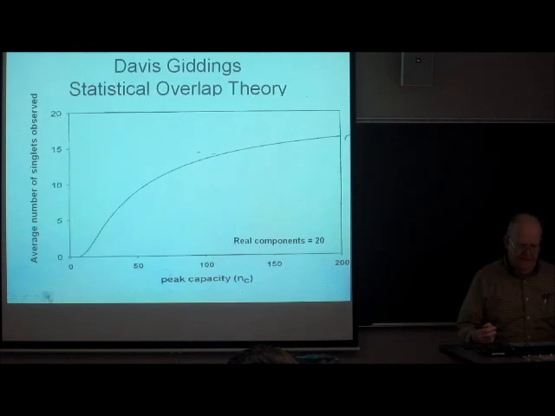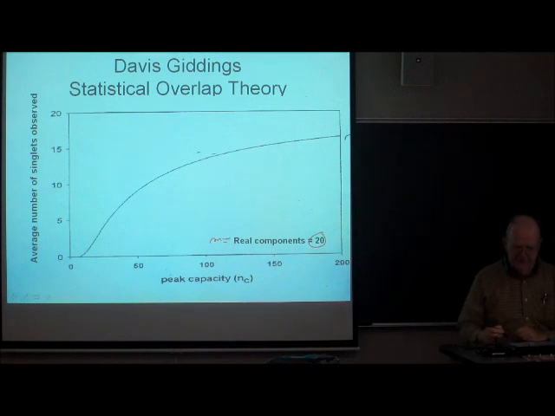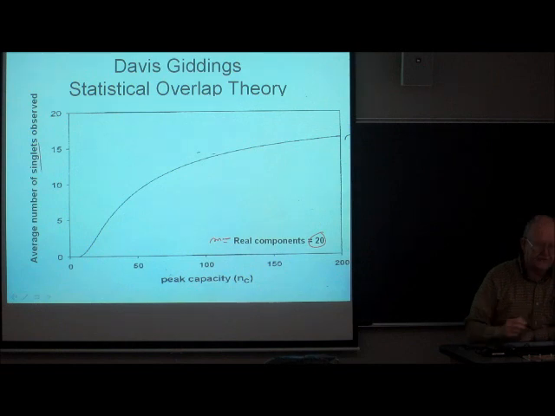Here's a particular example. We're going to assume that there are 20 real components, so m is equal to the number of real components. And I'm going to plot the average number of singlets versus the peak capacity.